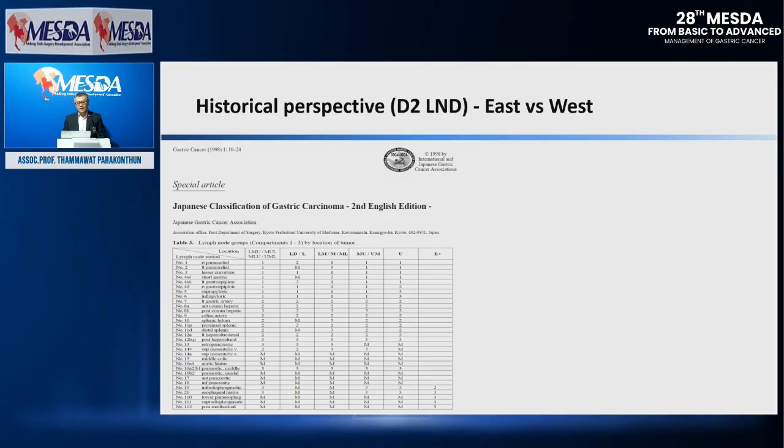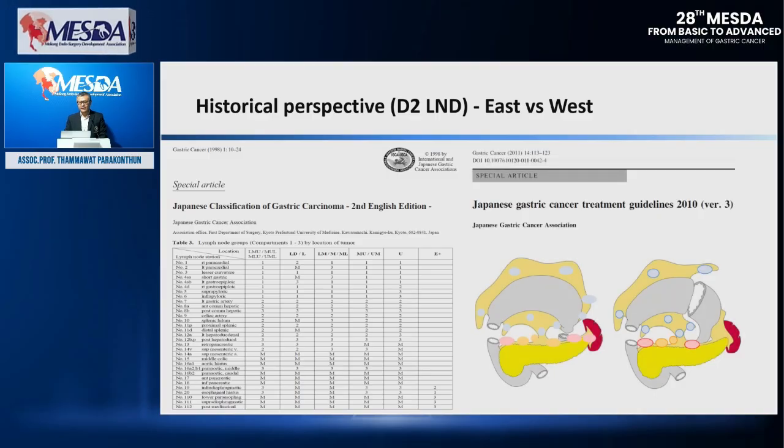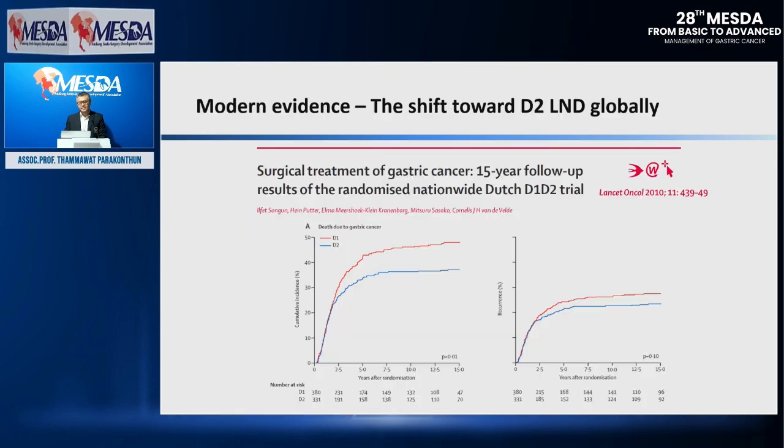So the Japanese adapted their recommendation to a simplified version. They recommend lymphadenectomy according to the extent of gastrectomy, which is more comfortable for surgeons worldwide. After that, this procedure was widely accepted not only in the East but also in the West.